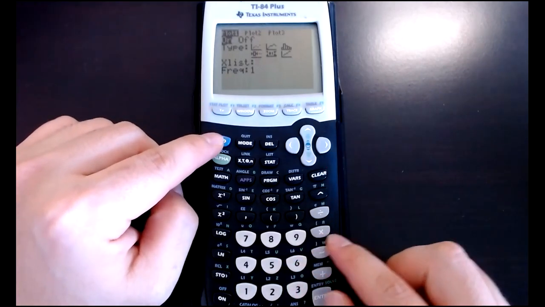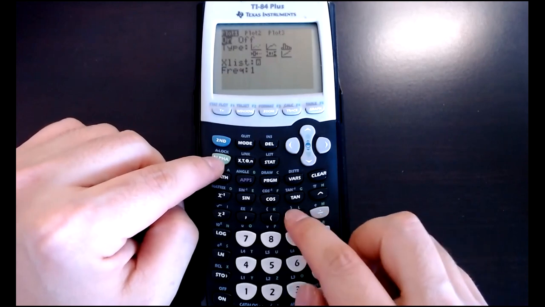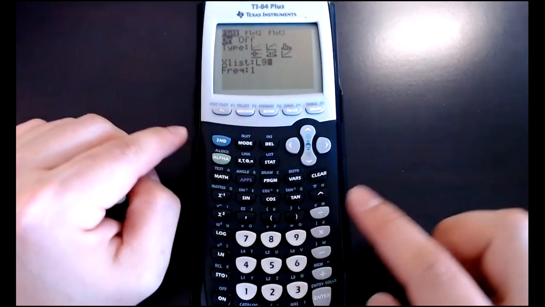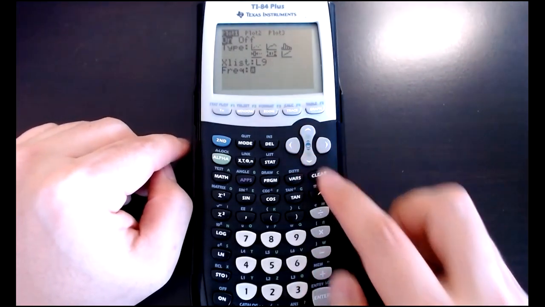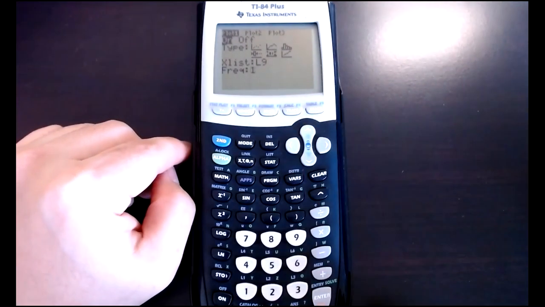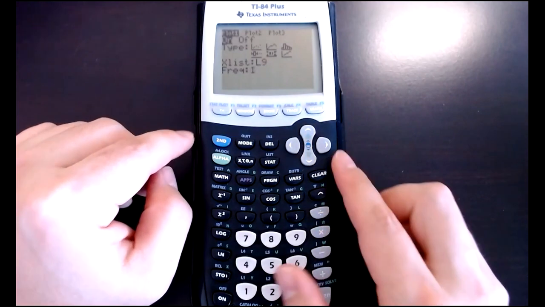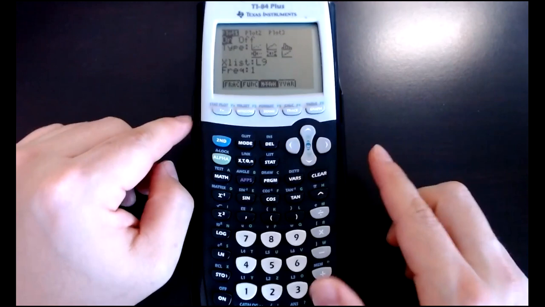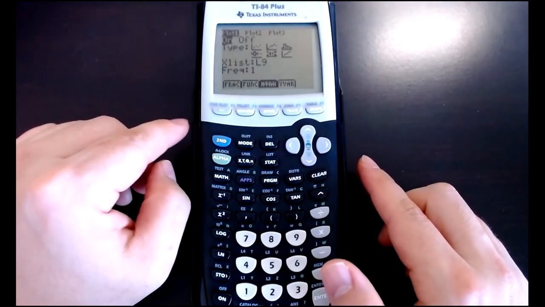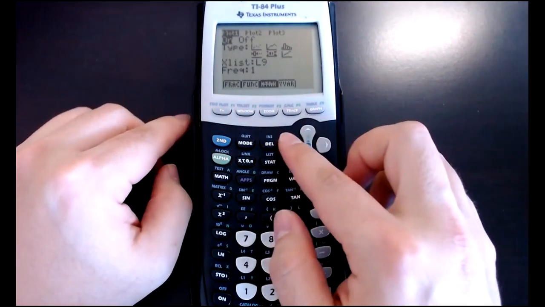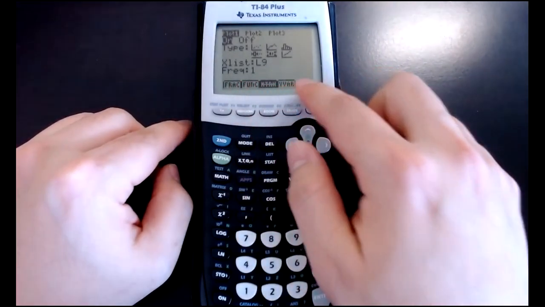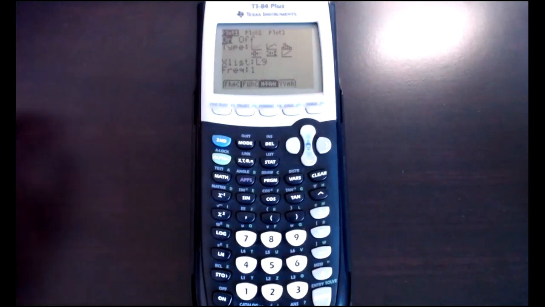Leave the frequency at 1. Then press zoom. If you get this kind of option right here, it's okay, don't be frustrated.